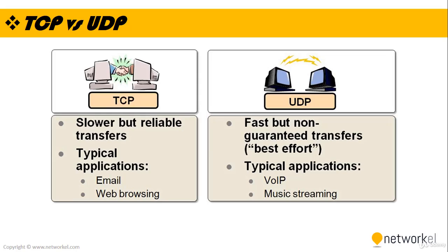UDP's stateless nature is also useful for servers that answer small queries from huge numbers of clients. Another difference is TCP rearranges data packets in the order specified. UDP has no inherent order as all packets are independent of each other. If ordering is required, it has to be managed by the application layer.